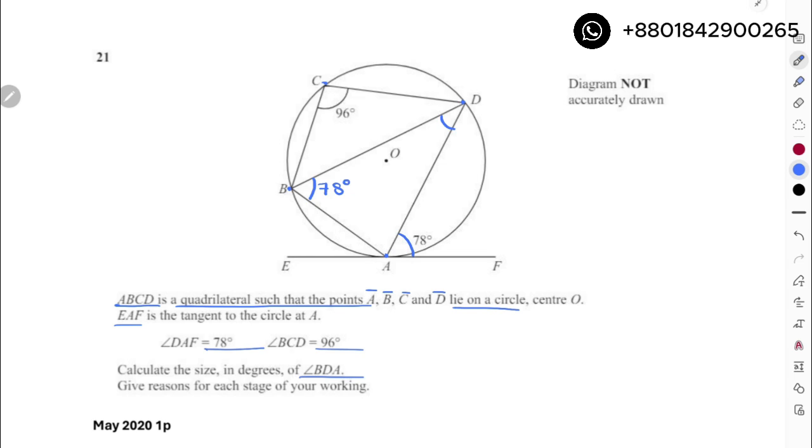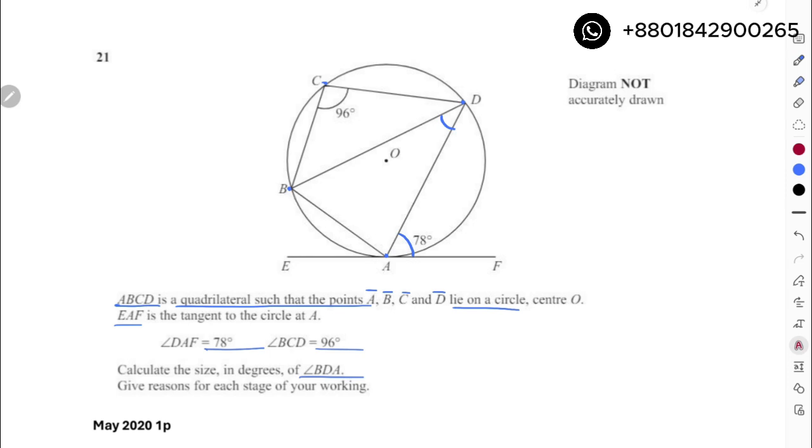Whenever you have a triangle touching the circumference of the circle, and one of the points of the triangle is intersecting with the tangent also, in this kind of situation, these opposite angles are going to be equal. Like if this is 78, this is going to be 78. If this is 20, this is also going to be 20.